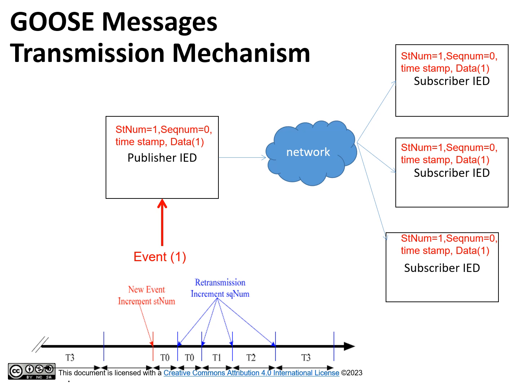The sqNum counter increments with every repeated message until the maximum number count is reached. IEC 62351-6 states that a subscriber IED should discard any message with an stNum less than or equal to the previous message in order to mitigate some cyber attacks such as replay and man in the middle.